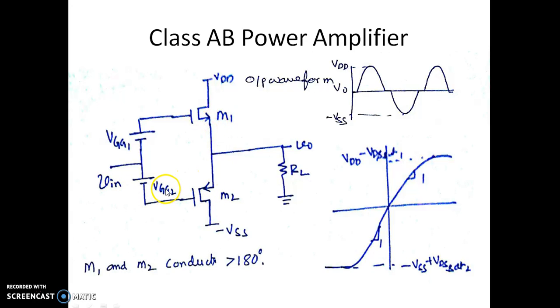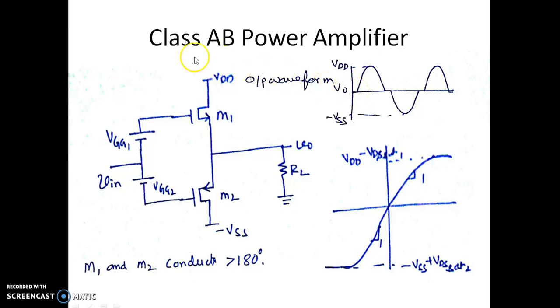The VGG2 amplitude is such that even if the input amplitude is positive, M2 will still be conducting, meaning this power amplifier has two transistors conducting for more than 180 degrees. So the overall conduction angle happens to be 360 degrees.